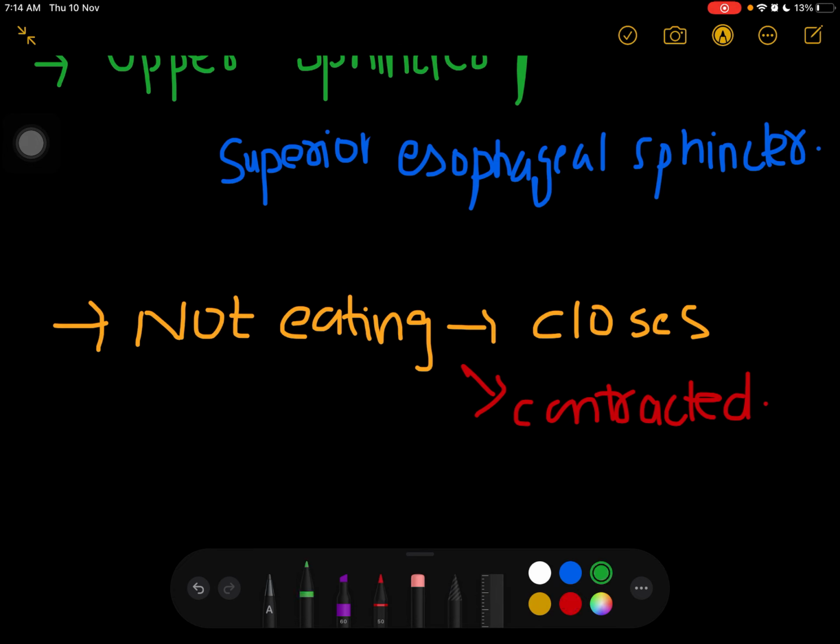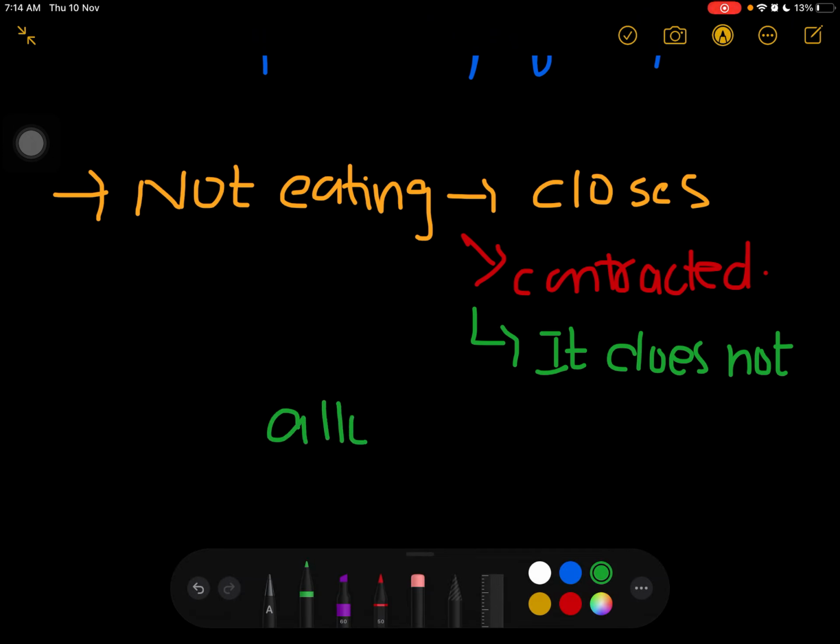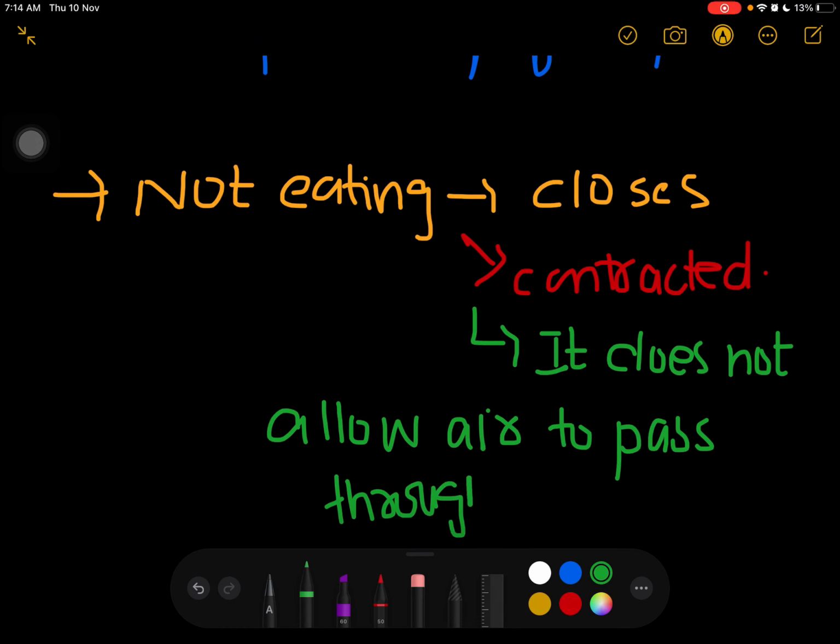So it is contracted. It does not allow air to pass through it, right? This superior esophageal sphincter, right?